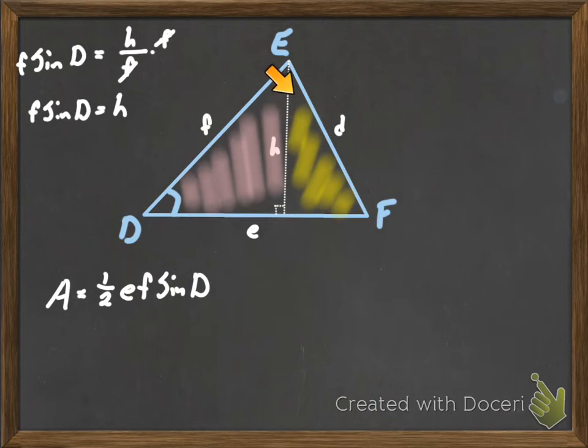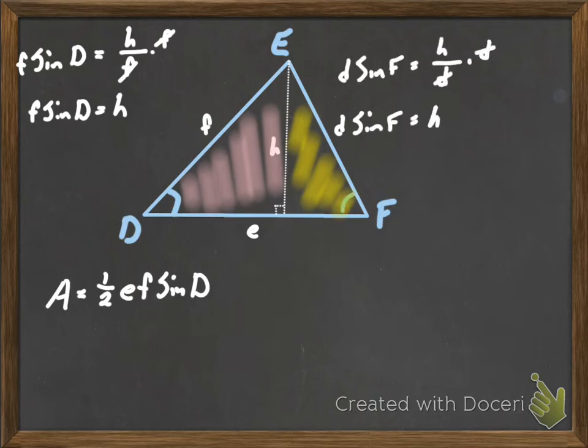And the reason that works is because the sine of angle D equals the opposite side over the hypotenuse. So we're just using trigonometry to find the height of the triangle. Then we expanded this to actually help us find other things in the triangle. Because we know, say, the sine of this angle over here also equals this height, which is the same height of the triangle, over this hypotenuse, so the hypotenuse of this triangle on the right here.